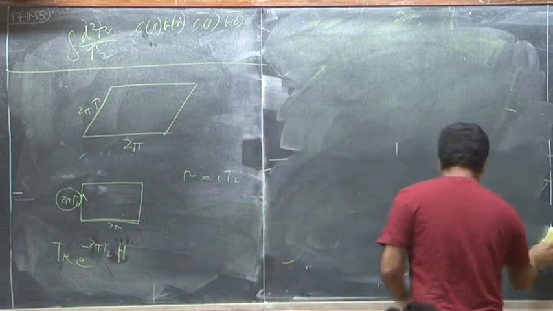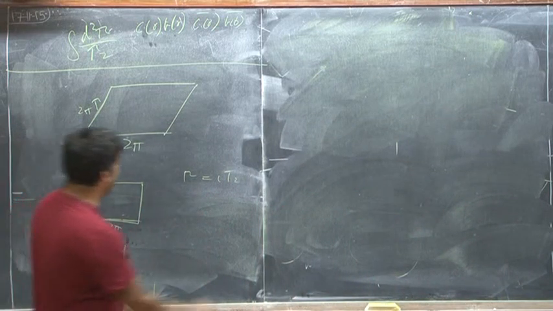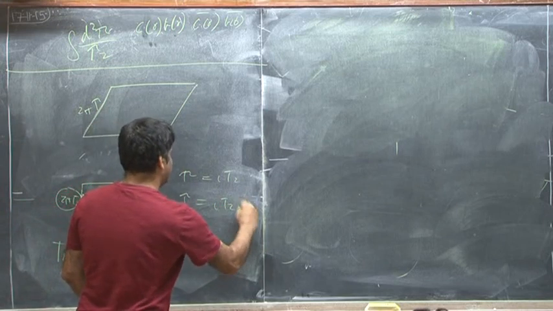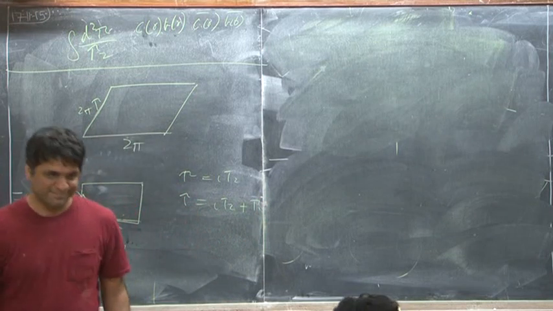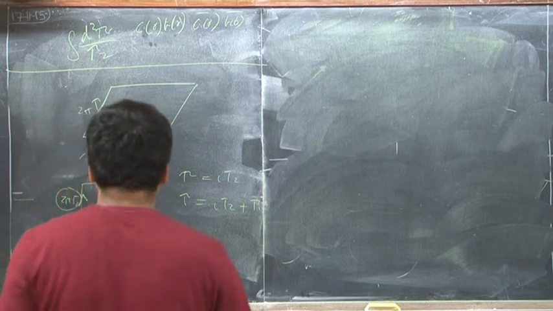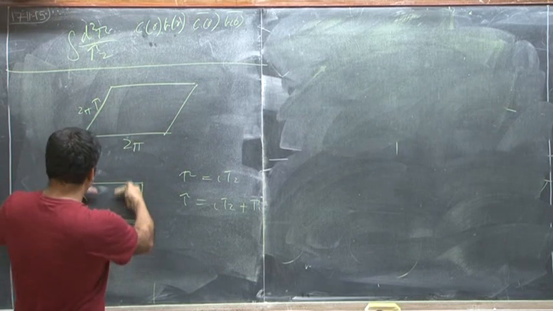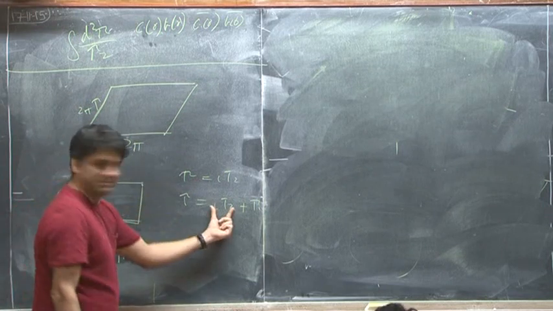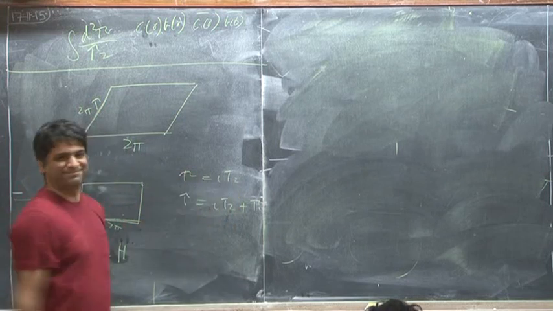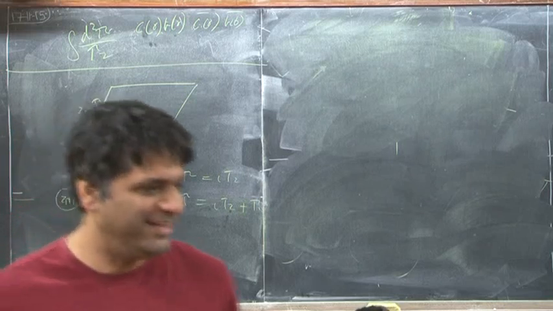Now, we want to look at not just rectangular values. So suppose tau is equal to i tau 2 plus tau 1. Now what do we do? For this identification, we move along time in the Euclidean time direction and then translate. How much do you translate by?